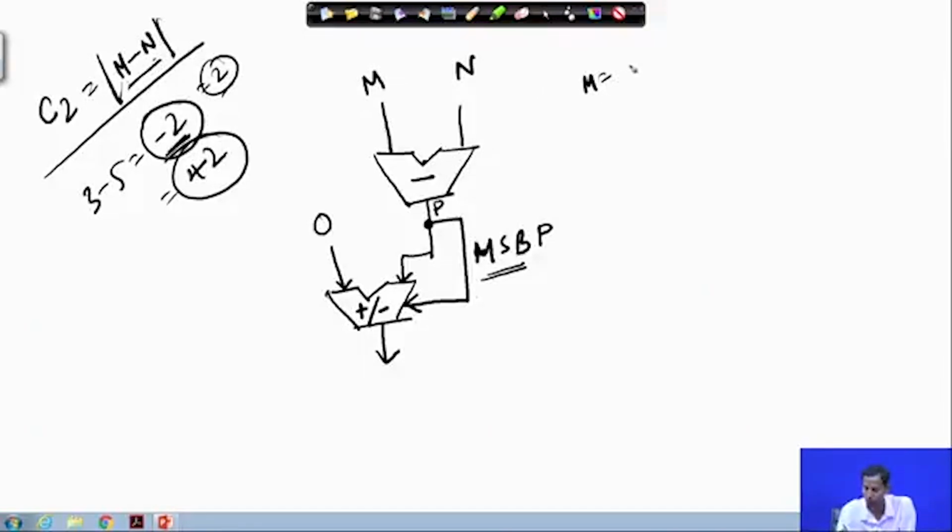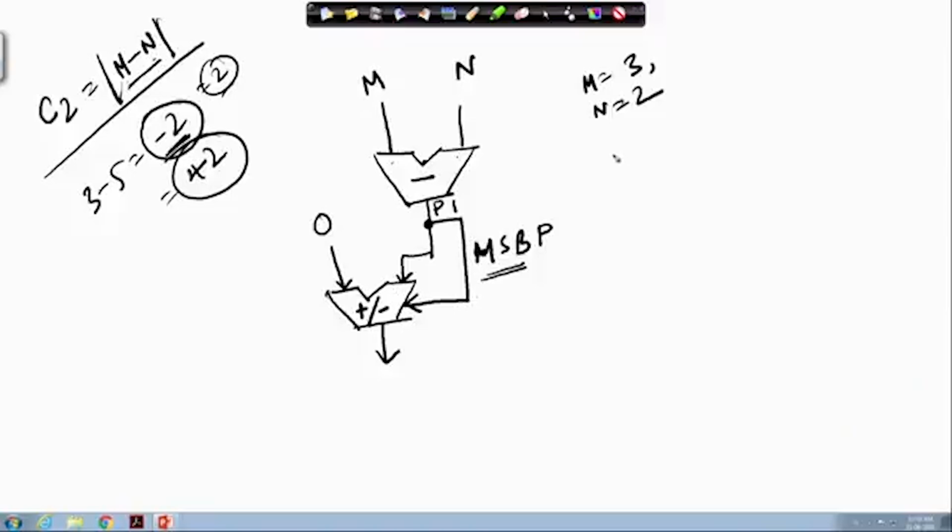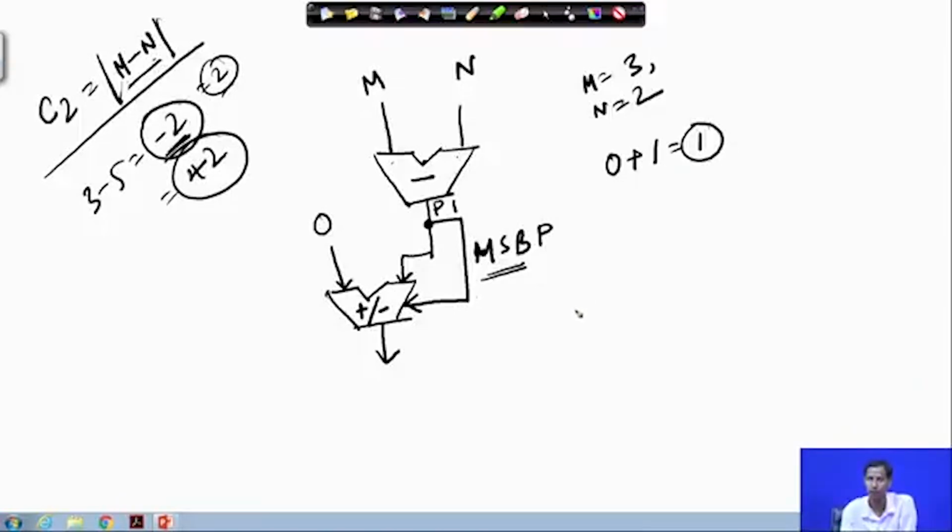Let us consider m equals 3 and n equals 2. So 3 minus 2 equals 1, positive 1. The MSB of P is 0, so this will be 0 plus 1, which is 1. If you consider m equals 2 and n equals 3, what will happen?